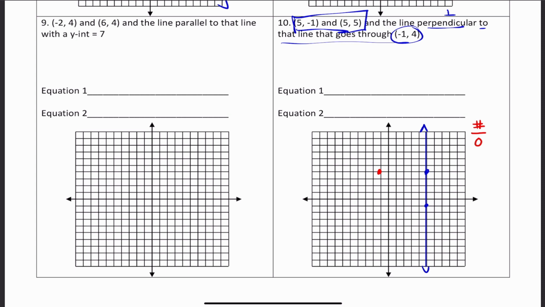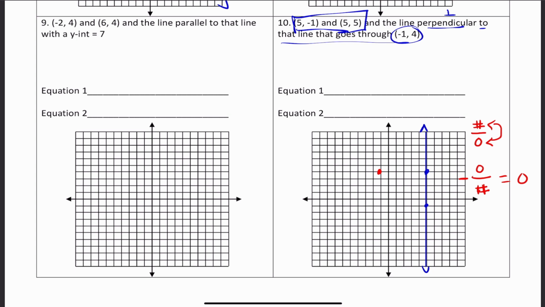If I make it perpendicular, remember it's the opposite sign, flip the fraction, so I'm swapping the number in the numerator and the 0 in the denominator, which will be 0 over some number. Maybe there's a minus sign in front, but it doesn't matter because 0 is 0.